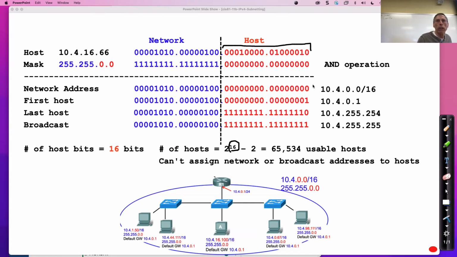Minus 2 because we can't include the network and the broadcast as far as assigning those to devices. But everything in between, from 0.1 to 255.254, we can assign to hosts. And I did my math correctly there: 65,534.